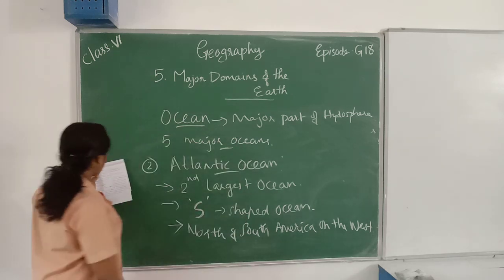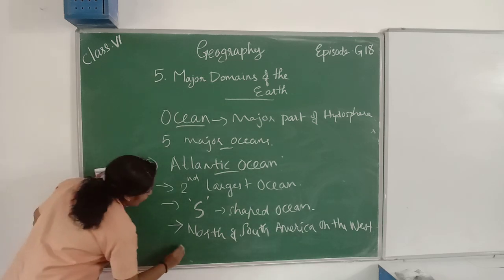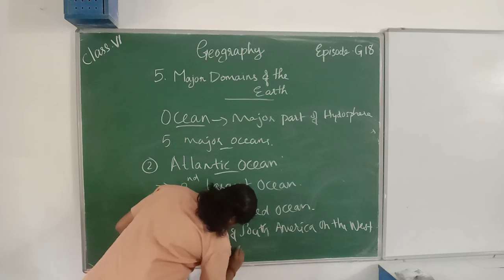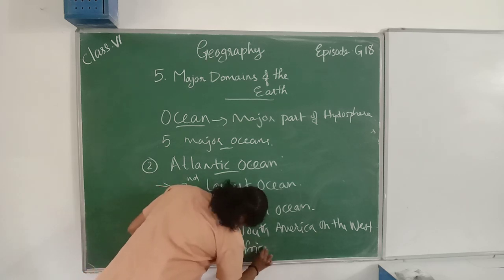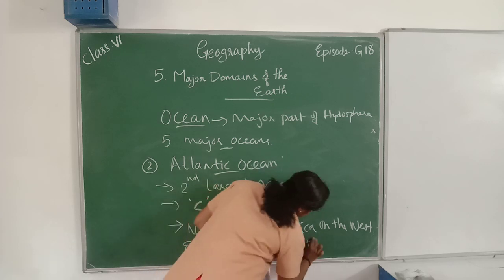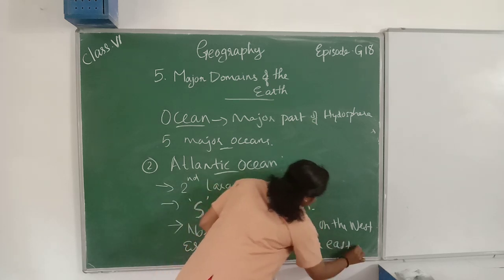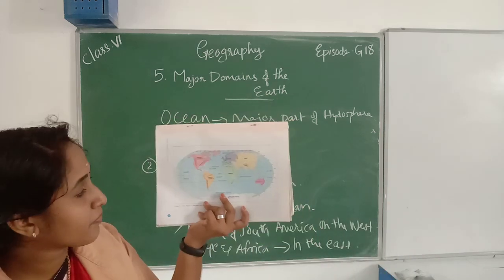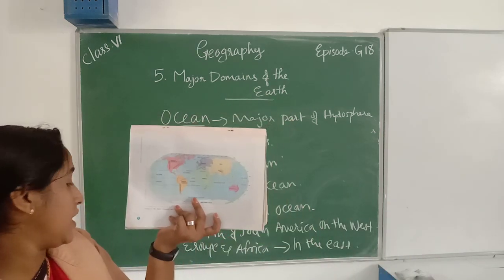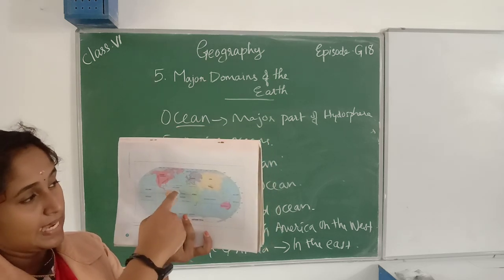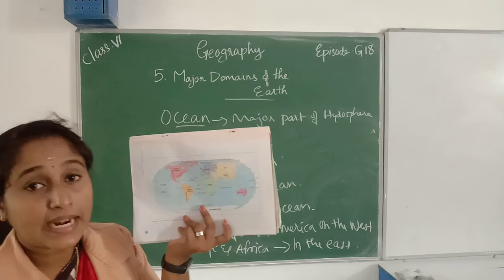And Europe and Africa are surrounded in the east. Look at this map. Where is Europe? This is Europe, on the east side of the Atlantic Ocean.